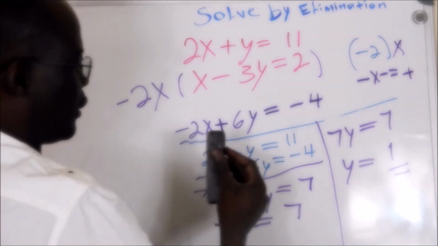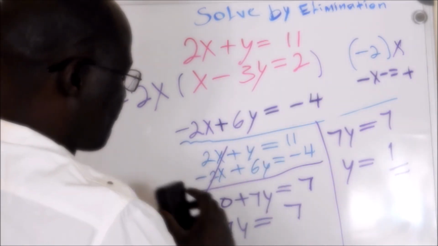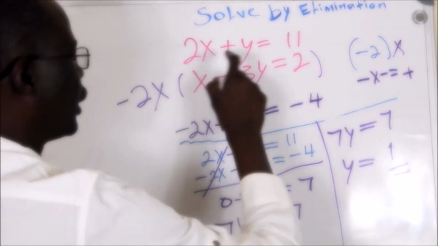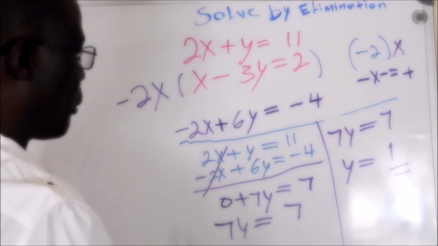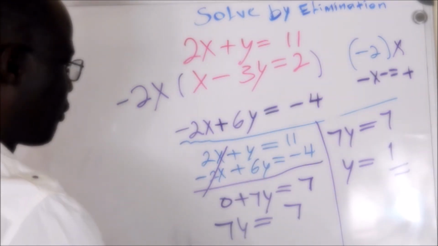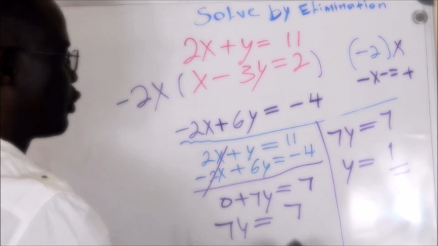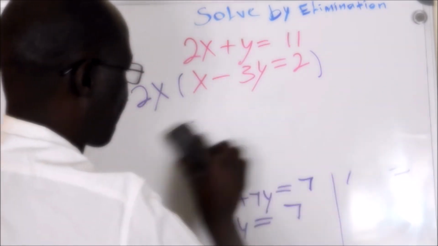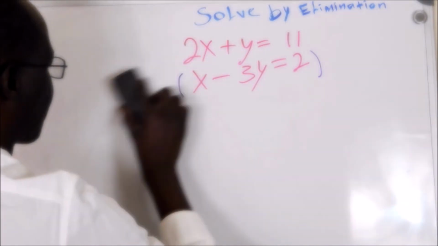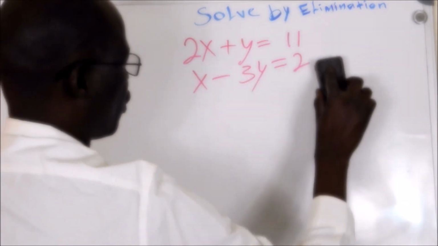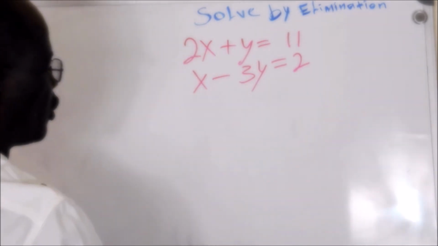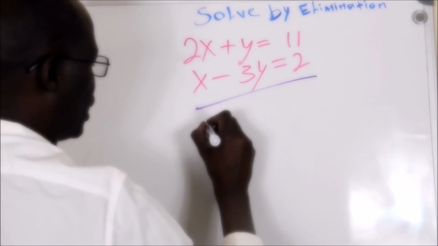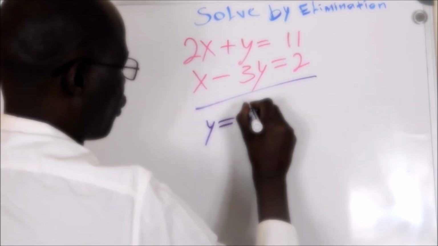We already have the value of y. We can choose the one on the top or the bottom to find the value of x. So we know from what we just got that y equals 1.